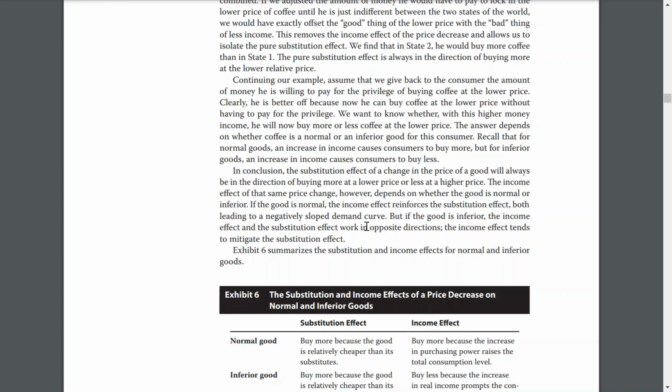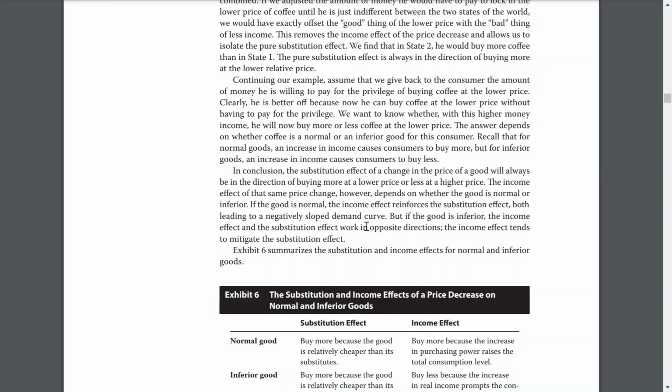In conclusion, the substitution effect of a change in the price of a good will always be in the direction of buying more at the lower price or less at the higher price. The income effect of the same price change, however, depends on whether the good is normal or inferior. If the good is normal, the income effect reinforces the substitution effect, both leading to a negatively sloped demand curve.